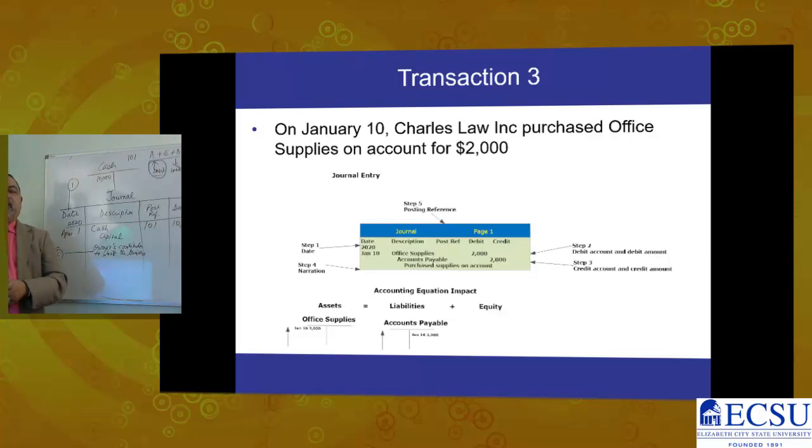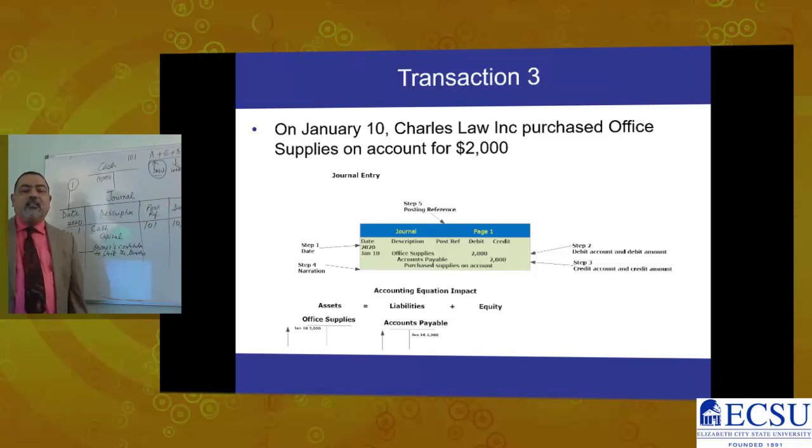Now, if you see transaction number 3, on January 10th, Charles Law purchased office supplies on account for 2,000. Again, office supplies is an asset. Now, here is the word again, on account. As soon as you see that on account word, it is a credit transaction. It will either result in accounts receivable or in accounts payable.